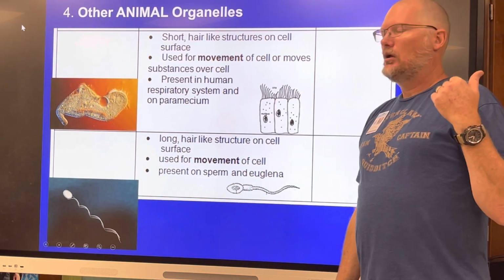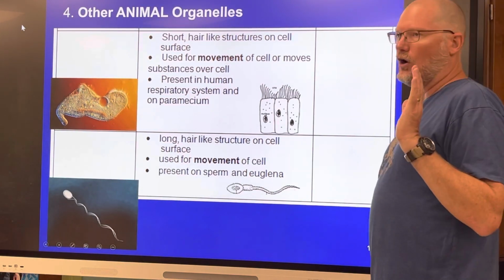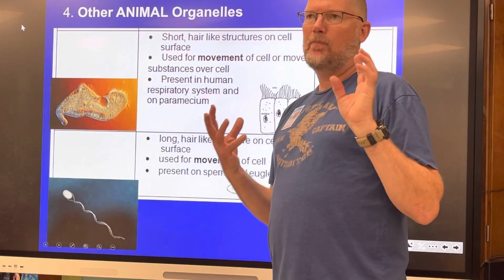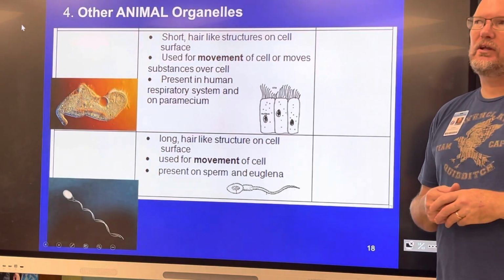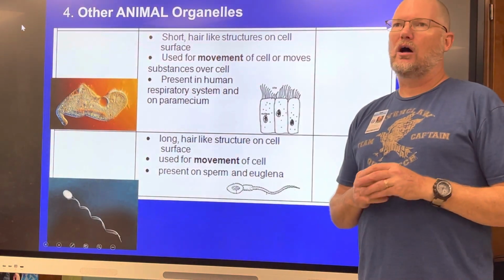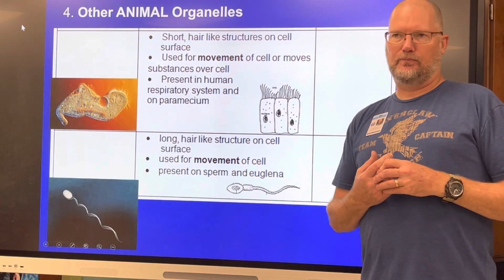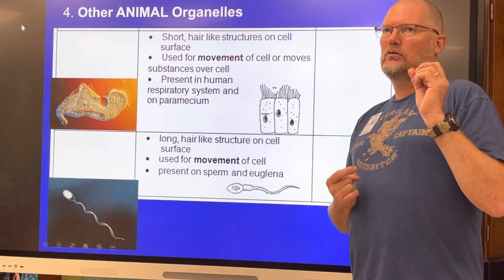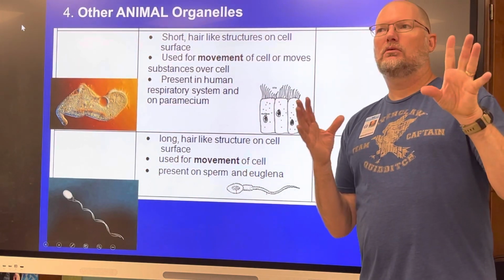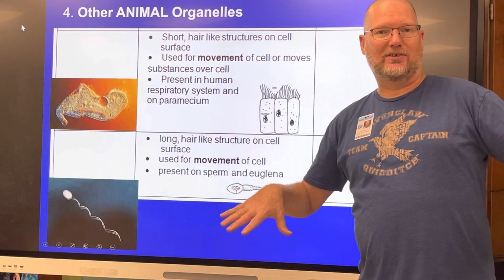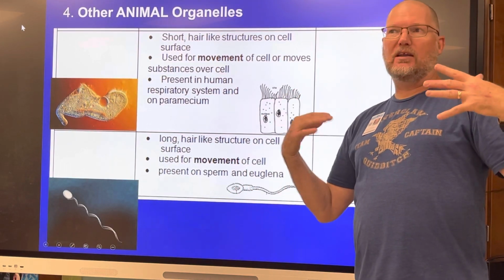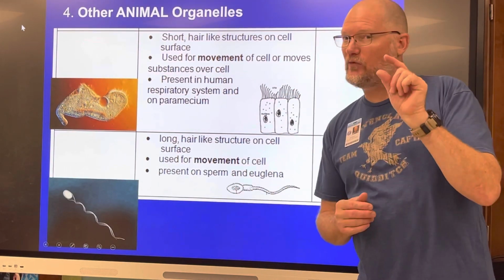Now, these are not typically found in cells of a multicellular organism. Typically. All over is what I'm saying. Because many cells don't have these, but a few do.